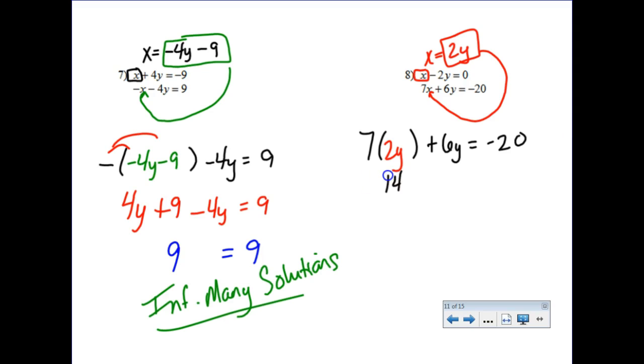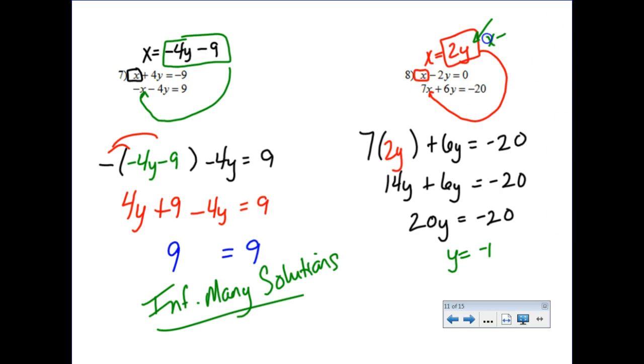So what is that, a 14y plus 6y? Oh, nice problems. And remember, we warned you, all of these should come out nice. So if you get a fraction, you got to go back and check it out. No fractions. All right, divide by 20, you get y is negative 1. And if I go back here and plug in y is negative 1, that gives me x equals negative 2. So final solution, negative 2 comma negative 1.